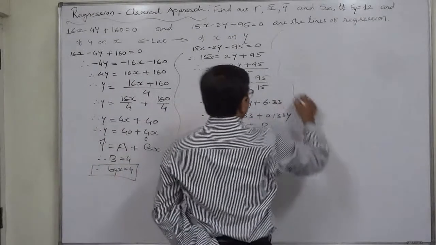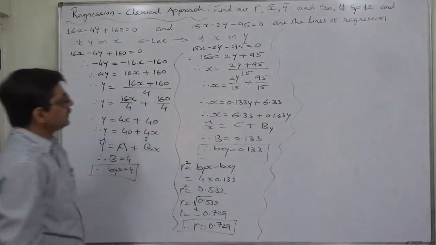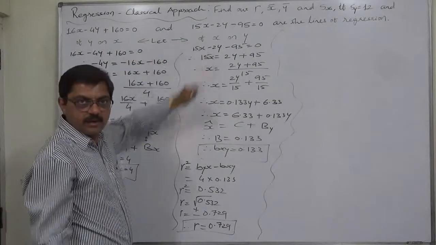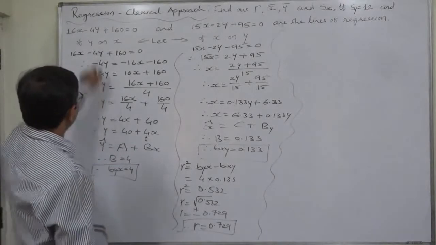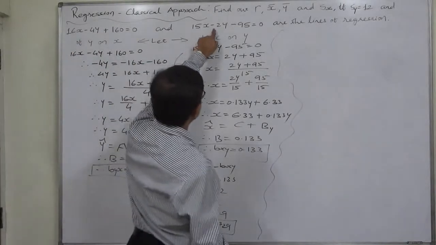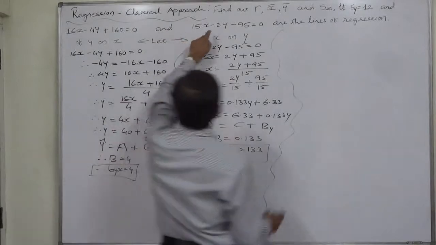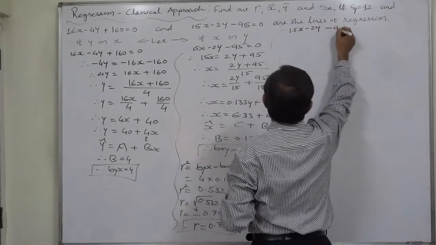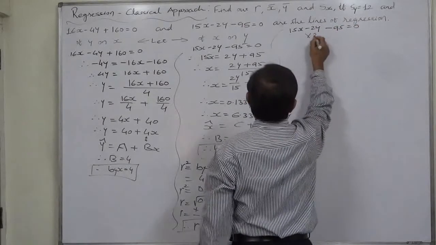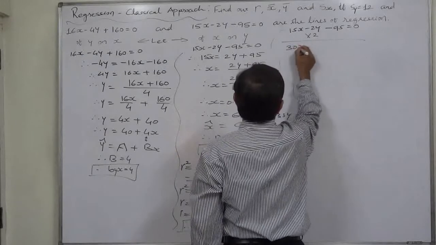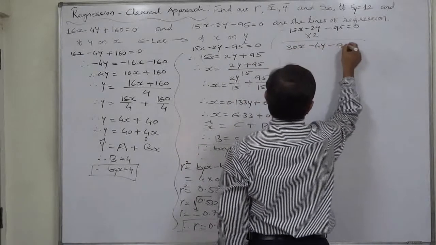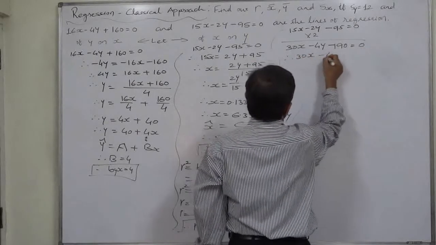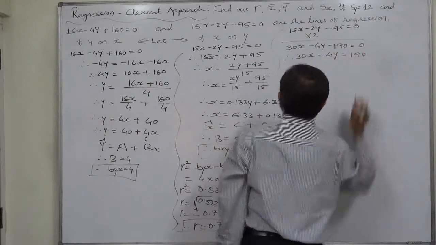Now it is time to find the two means. By solving these two equations, we can find the values of x and y, and they are respectively x bar and y bar. In the first it is minus 4y, in the other it is minus 2y. So we are going to multiply the second, 15x minus 2y minus 95 equals 0, by 2. It becomes 30x minus 4y minus 190 equals 0, or 30x minus 4y equals 190.